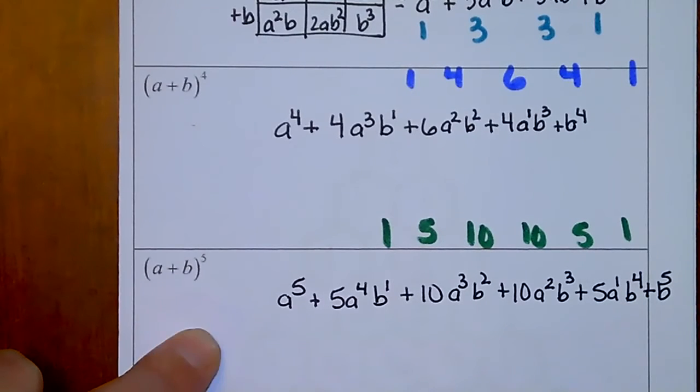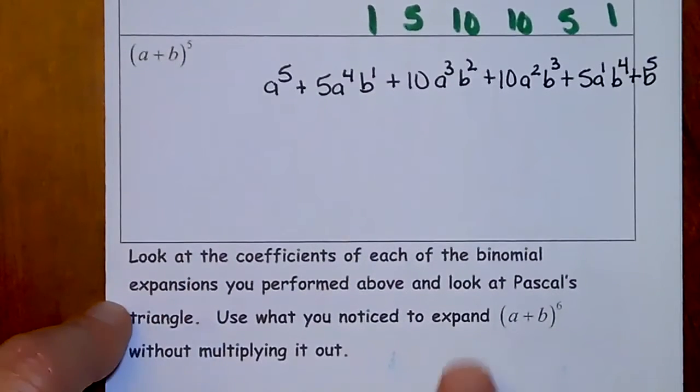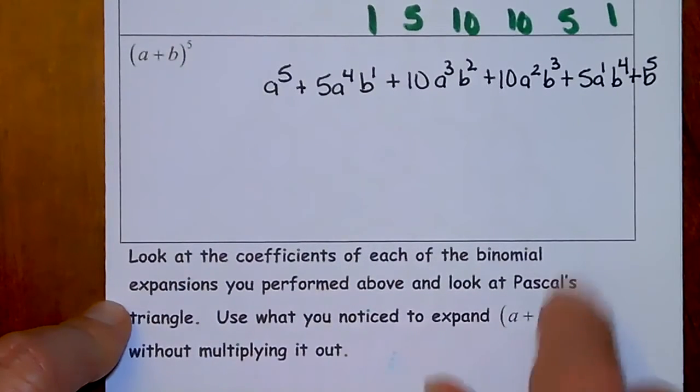And again, I just expanded that. So the last one we would do is A plus B to the 6th.